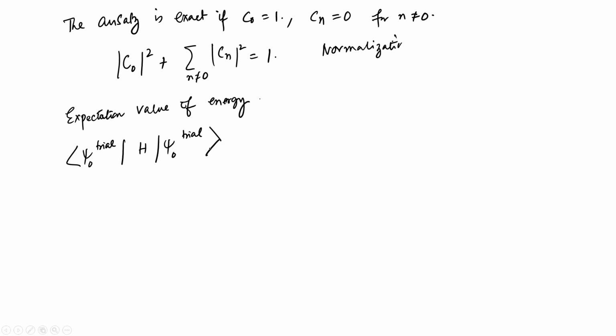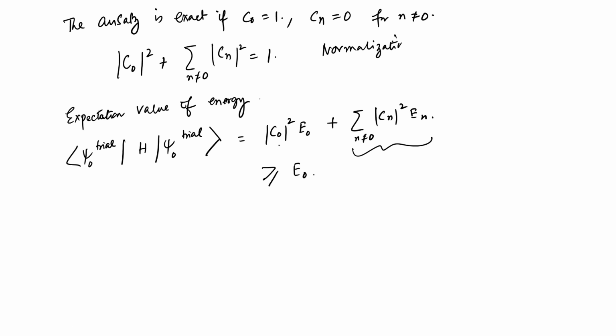There is no problem in calculating this, because you know the Hamiltonian, and then you can calculate this expectation value, and this would be simply equal to mod C 0 squared E 0 plus the sum over n not equal to 0 of mod C n squared E n. Okay.